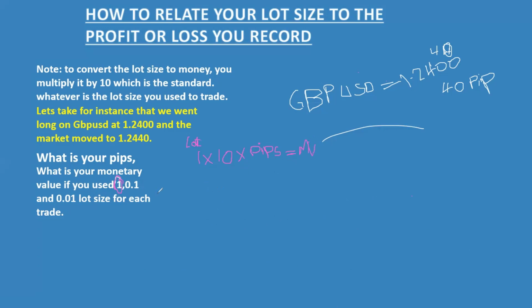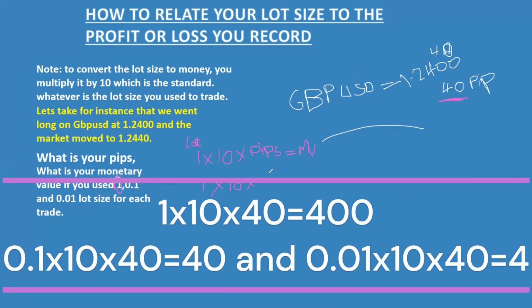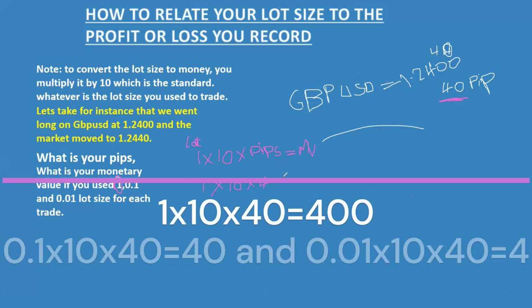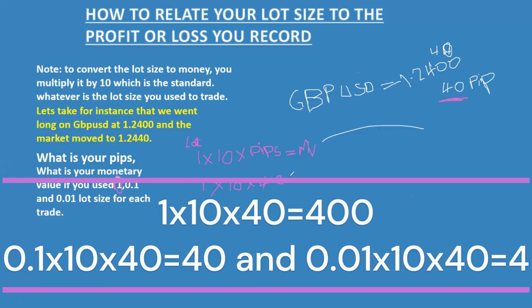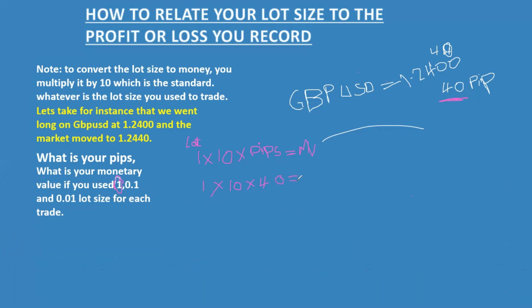So in this scenario, we used one lot, which is 1 times 10, times our pips. The pips we made here is 40 pips, so times 40. So what is the monetary value here?